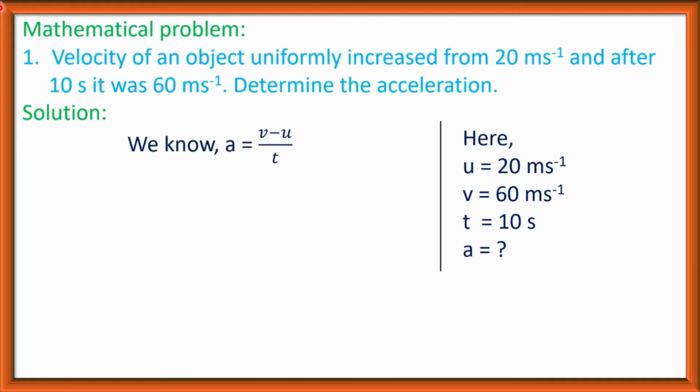Now we know a is equal to v minus u divided by t, where v means final velocity 60 minus initial velocity u equal to 20, divided by time t equal to 10 seconds. This is equal to 4 meter per second square. Therefore, acceleration is equal to 4 meter per second square.